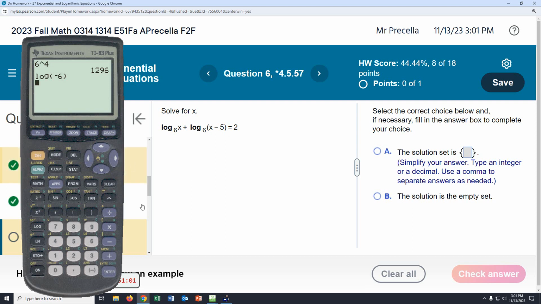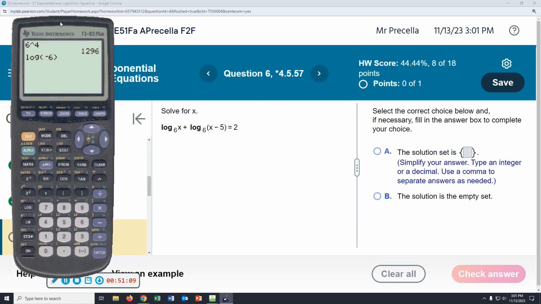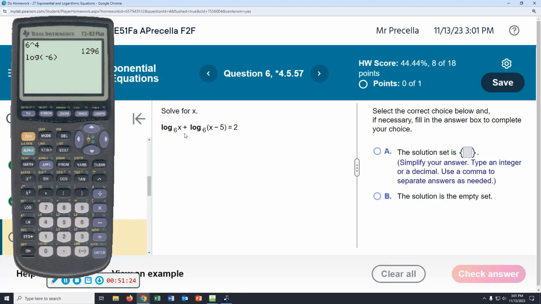The most basic problem-solving strategy: if you know how to do one type of problem and you're confronted with a new one, try to make it look like the previous one. In the previous one, number 5, we had one logarithm on the left, a number on the right. Well, on problem number 6, we have 2 logarithms on the left, one number on the right.